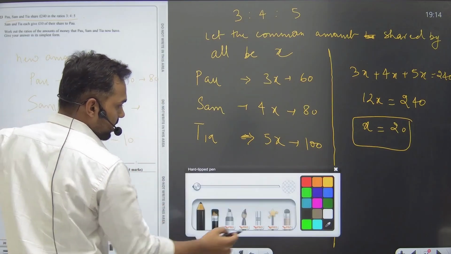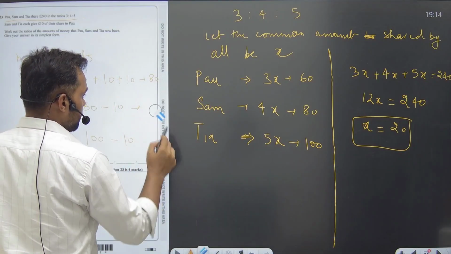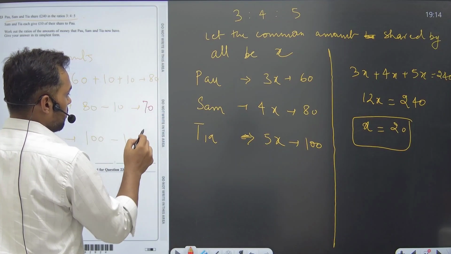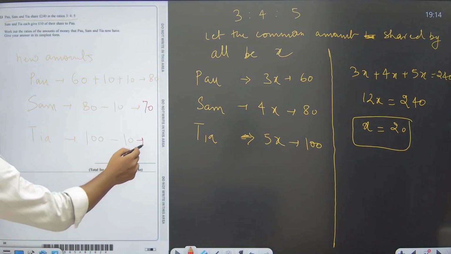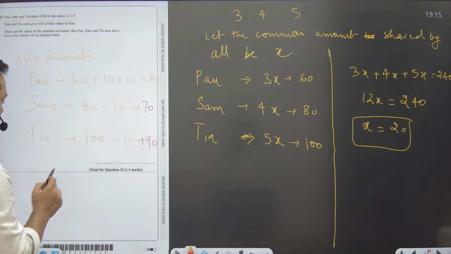Similarly with Sam it is 70. With Tia it is 90. Okay. Now what will be the ratio of the amount of money that Pao, Sam and Tia now have? We can say that the amount of money with Pao is 80.